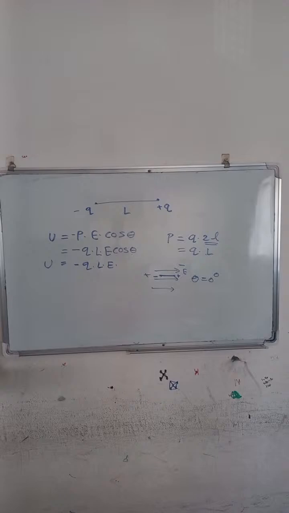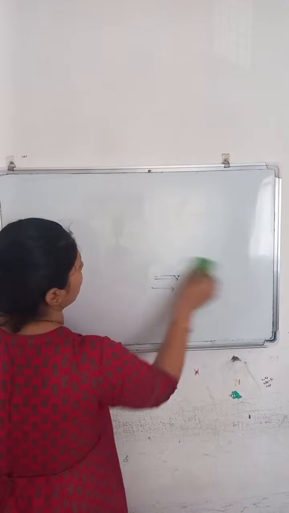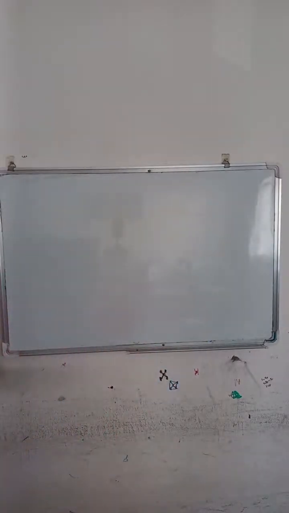First option A raised to 4 into C. Option B 1 by 3 A cube C. Option C 1 by 3 A raised to 4 C. And last option is 0.